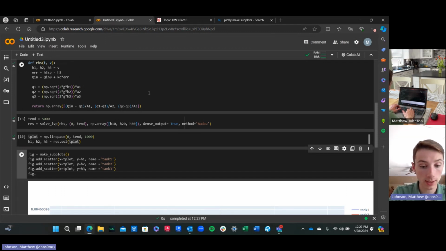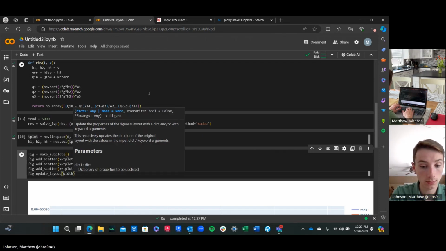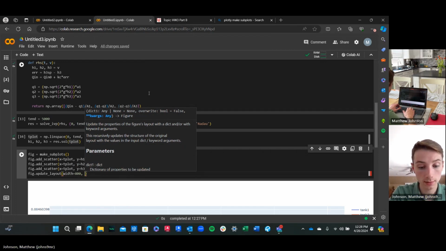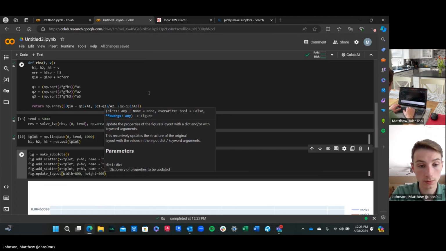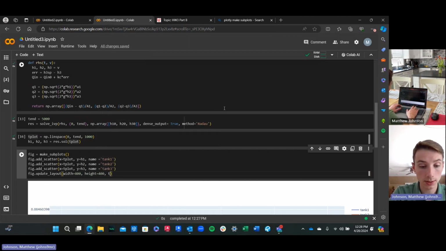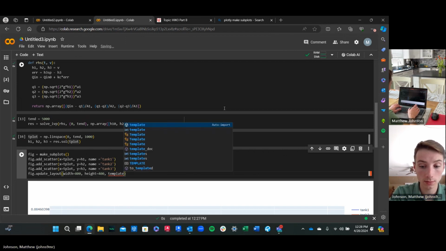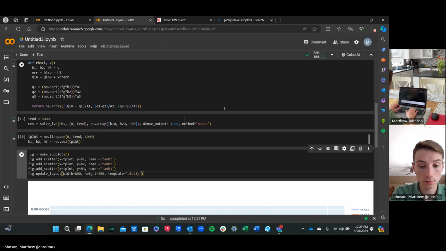It's fig.update_layout, width equals 800, and a dark theme, I think.